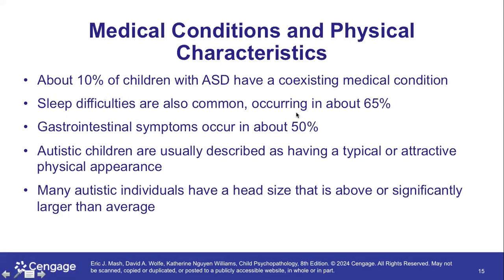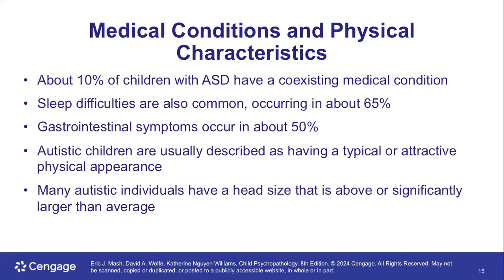So what are some features that manifest alongside autism spectrum disorder? If we talk about medical conditions, 1 out of every 10 children on the autism spectrum have some coexisting medical condition. And a common one is sleep difficulties, and nearly 1 out of every 2 children on the autism spectrum struggle with sleep.